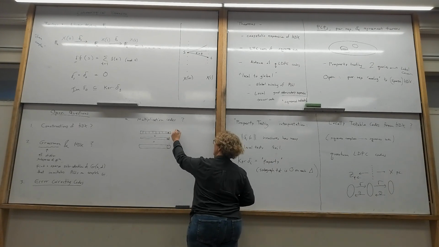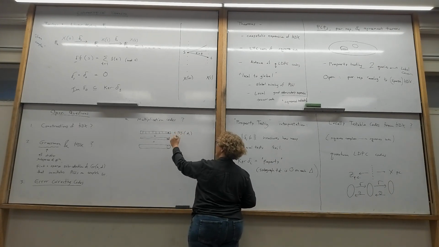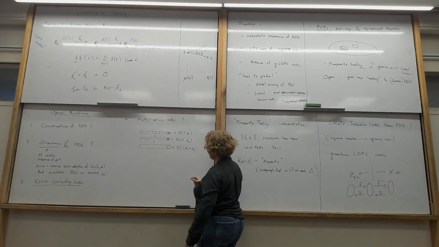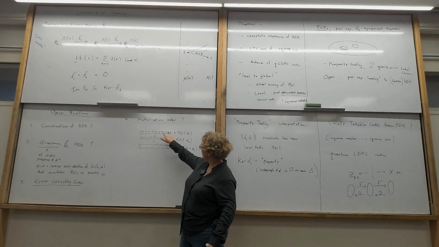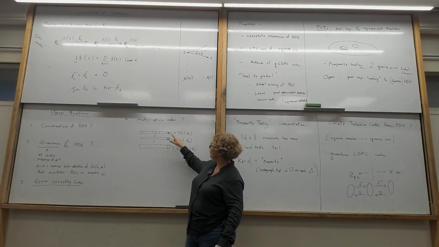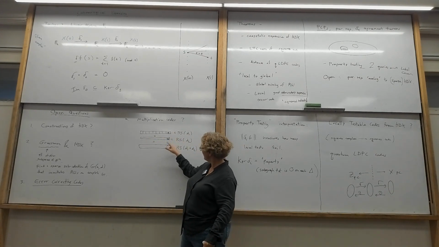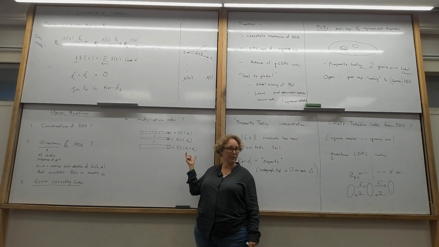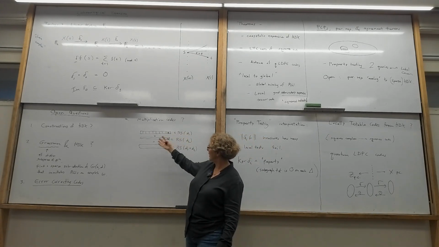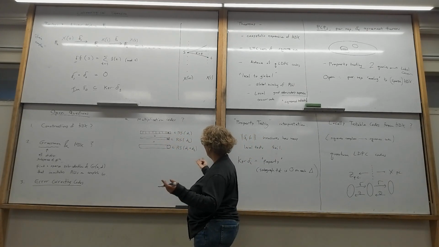So if this belongs to Reed Solomon with degree D1 and this belongs to Reed Solomon with degree D2, then this will belong to Reed Solomon with degree D1 plus D2, right? Because this is just some low-degree polynomial of degree D1. You multiply it by another polynomial, you get a third polynomial of slightly higher degree. So you have this property for Reed Solomon code.